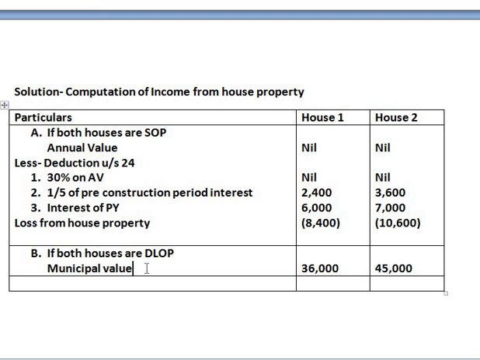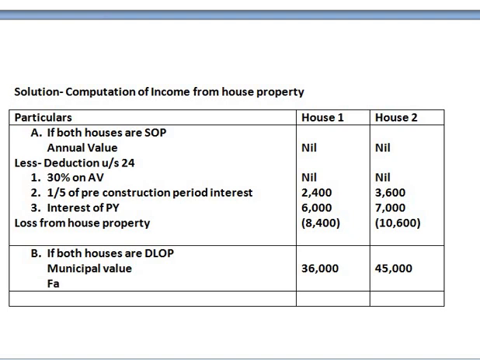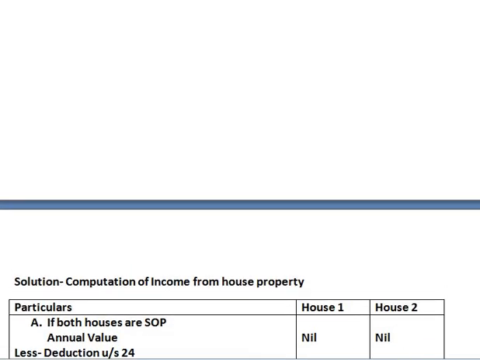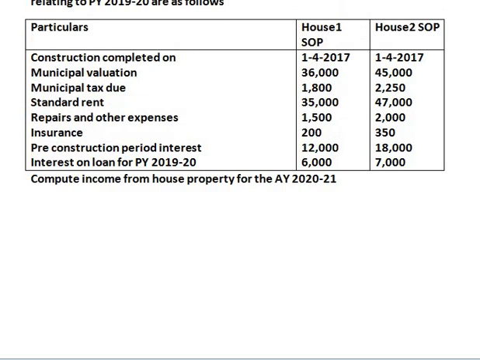This municipal value is now compared with the fair rent. Fair rent for house property 1 is, just pay attention, fair rent is not given in the sum. When fair rent is not given in the sum, we have to skip the first step.